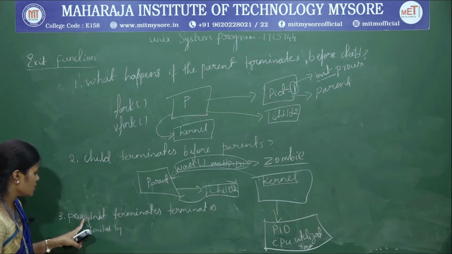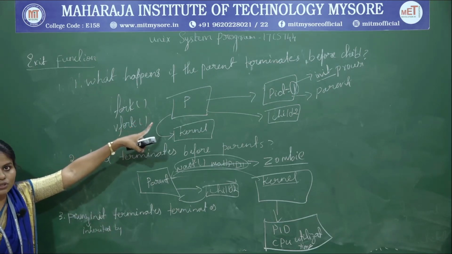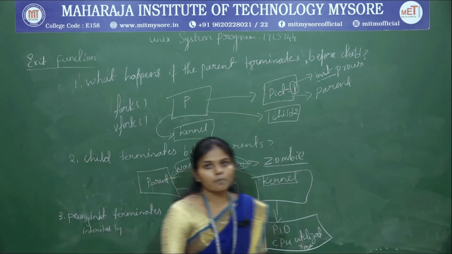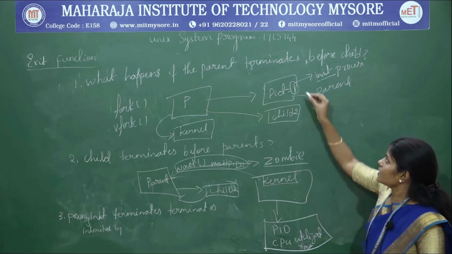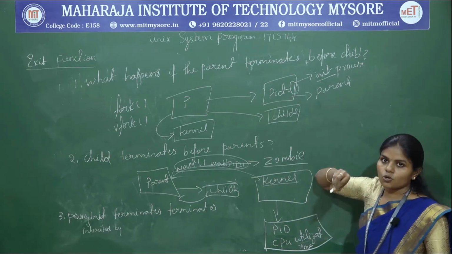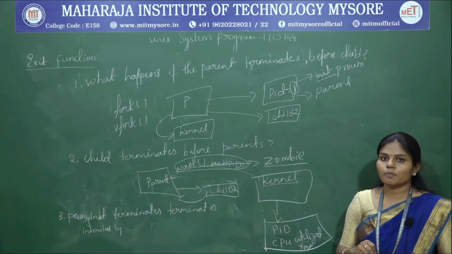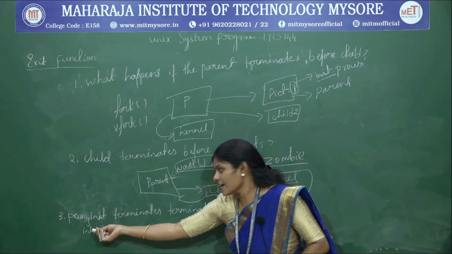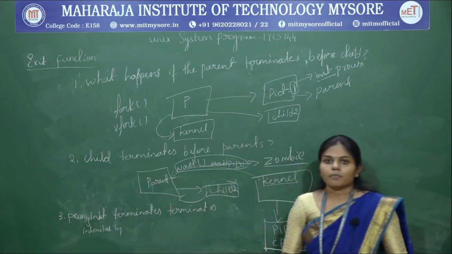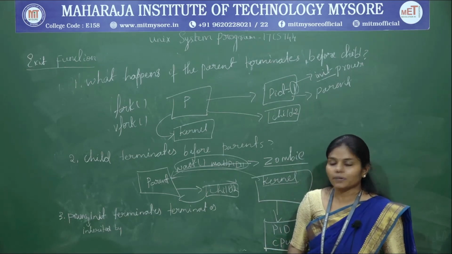Now the last question is, what happens if the parent is terminated before the child? Then the kernel is going to assign one process, the one with PID equal to 1, that is the init process, to become the parent for the remaining children, right? Now if a process that is inherited by the init process terminates, what happens?